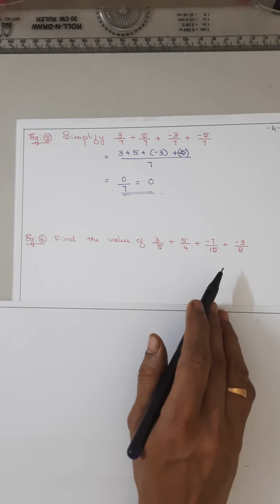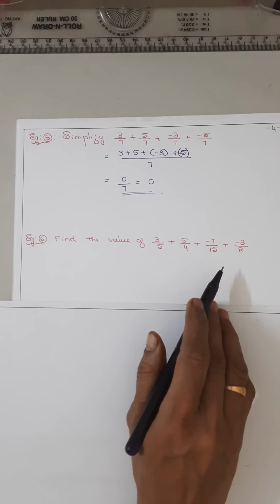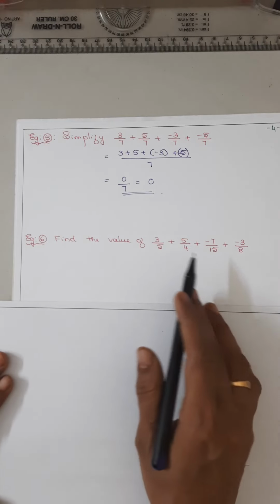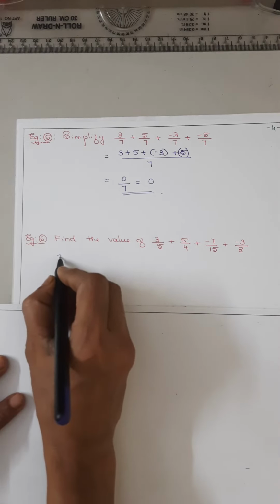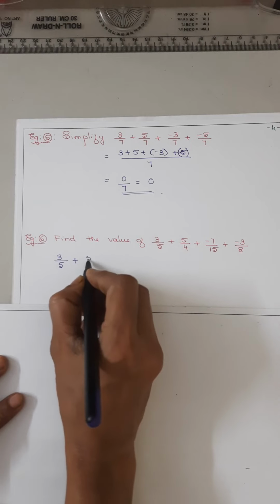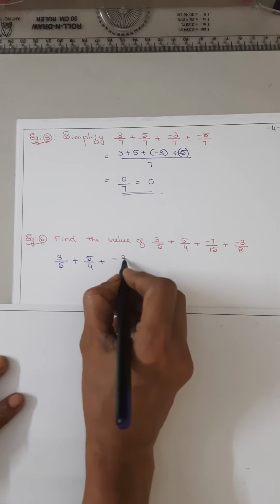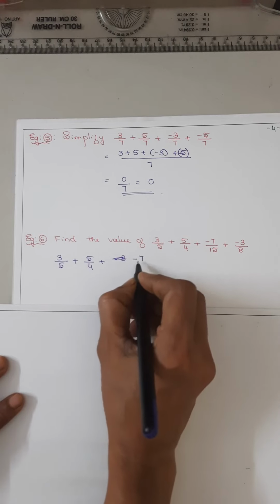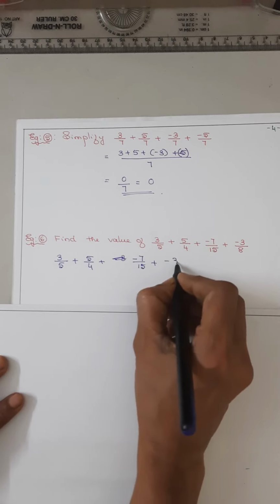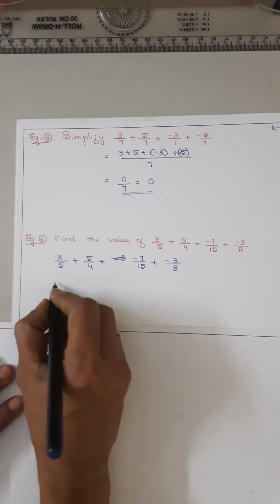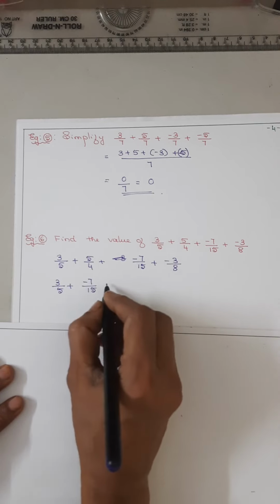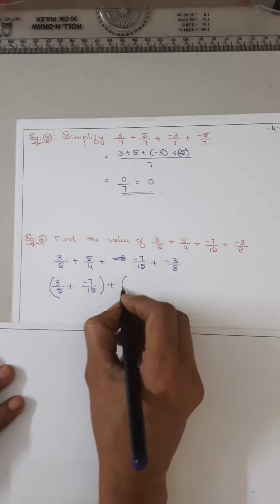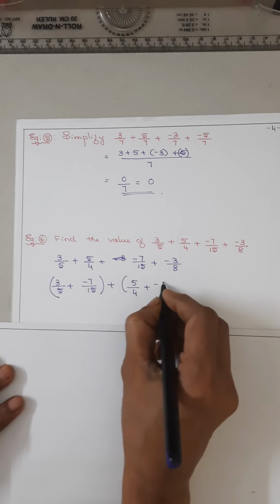Here you can do it by grouping, or you can also do it directly. So if you want, you can group and see, take 5 and 15 together, 4 and 8 together. So 3 by 5 plus 5 by 4 plus minus 7 by 15 plus minus 3 by 8. If you group 3 by 5 plus minus 7 by 15, then 5 by 4 plus minus 3 by 8.